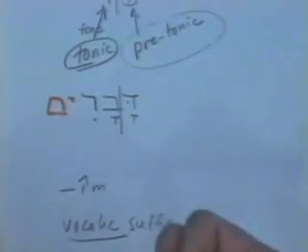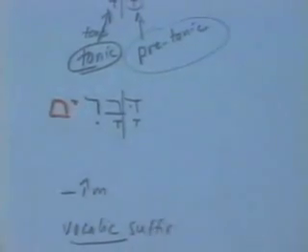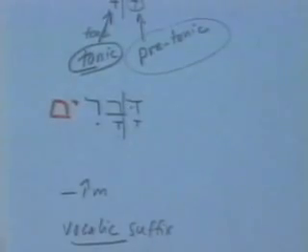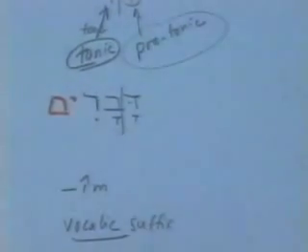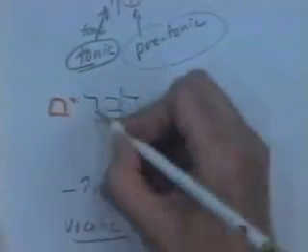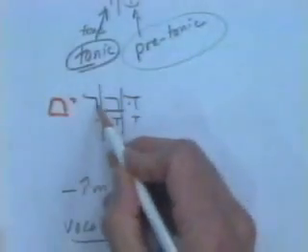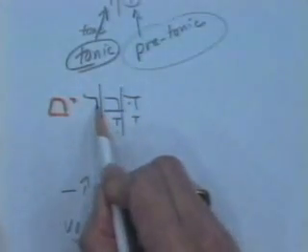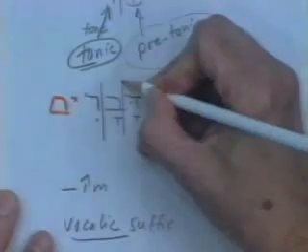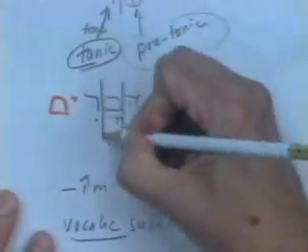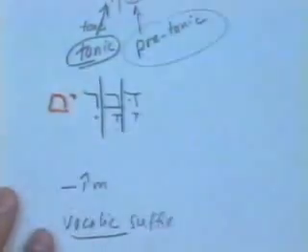Do you see what's going to happen? Because each syllable has to begin with a consonant and not a vowel, the minute you add a vocalic suffix, the final consonant becomes part of the next syllable and has to flip over. This isn't a big deal, but you'll see the syllable breaks. Now we have an open syllable, now we have another open syllable, now we have the final syllable.